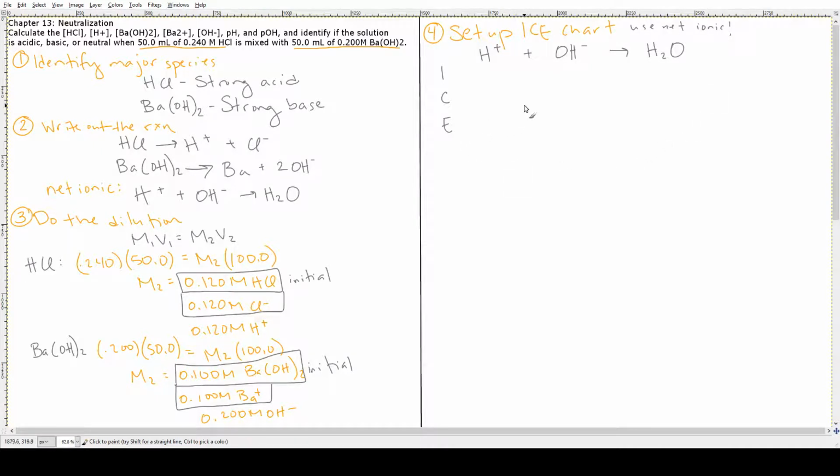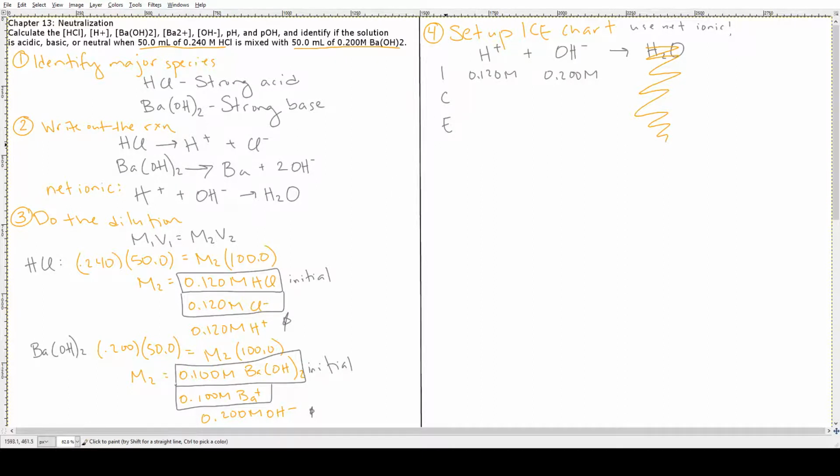Okay, so what is my concentration of hydrogen ions? I've got that from the dilution, so it's 0.120 molarity. I know I have from down here 0.200 molarity of hydroxide, and water. Do I include water in ice charts? Not if it's a liquid.